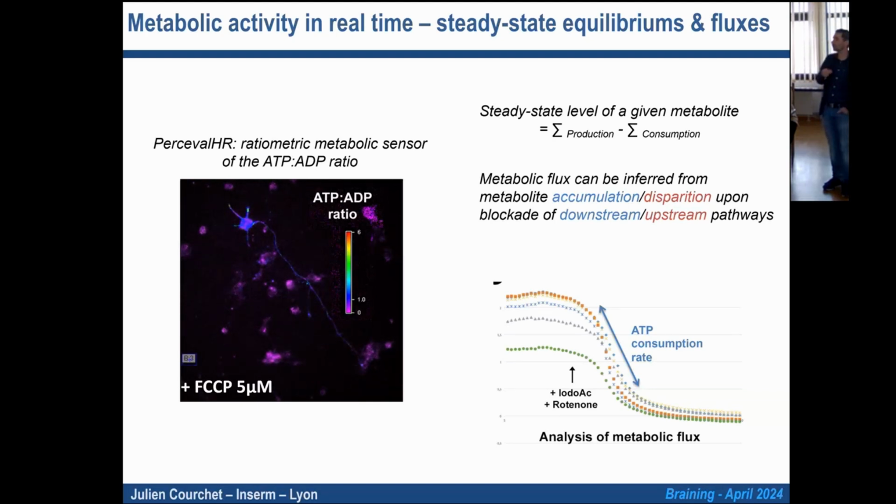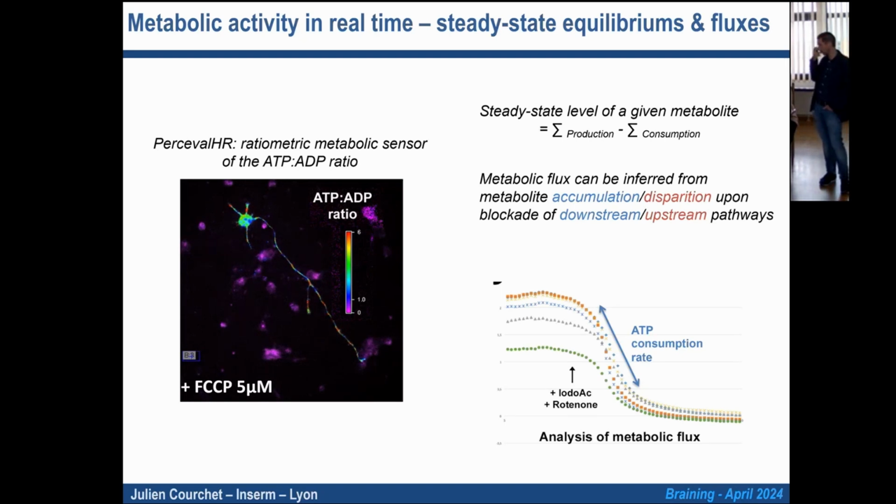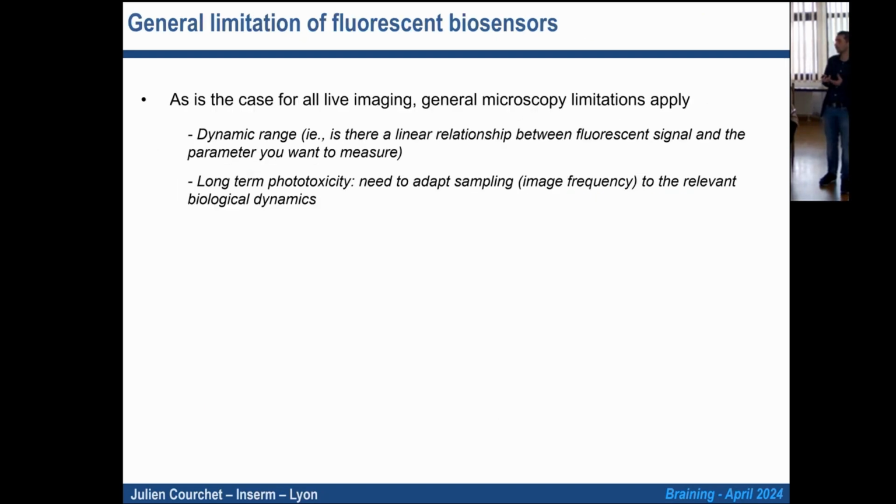And you can see that in wild-type neurons, in the axons, it is fairly constant, regardless of what is the start point. The rate of consumption of ATP will be similar. But if you look at now wild-type versus a knockout condition, then you would maybe see some changes in how much ATP they can produce or how much ATP they can use. All right, so this dynamic view is also the second very important benefit of those biosensors.